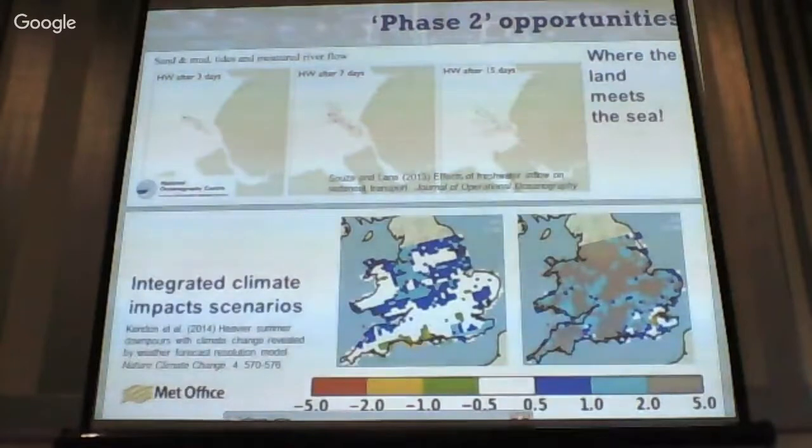The other aspect I've talked really about the kind of short days to weeks time scale. So we run these convective scale atmosphere models out for kind of climate change scenarios. And this shot here is from a paper by Lizzie Kendon, which shows you the difference in summertime precip characteristics as viewed in a 12-kilometre kind of regional climate model versus looking at these 1.5-kilometre models that are representing the terrain convective processes much better.